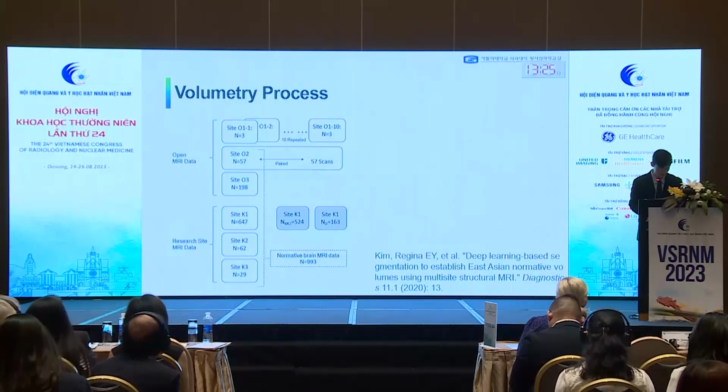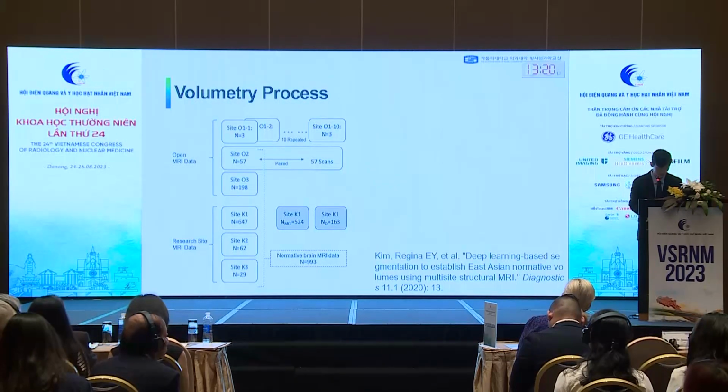Two open-source and free research sites provided a wide variety of cognitively normal population normative MRI data for AQUA. This figure shows the data sets used in the study by their source and their usage.